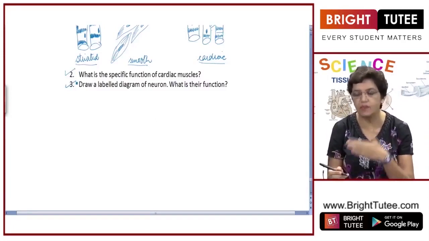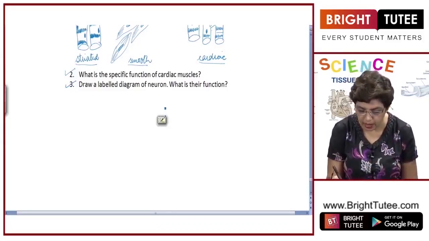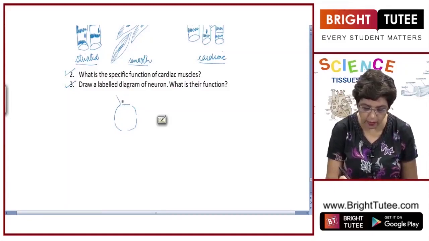So I'll just draw a diagram which will help you understand how you can draw it and their different parts. So first of all, you have to draw the cell body. Alright, like this. The cell body has tiny projections.